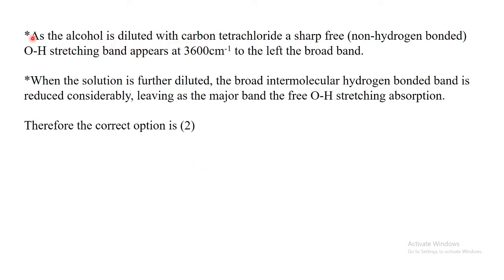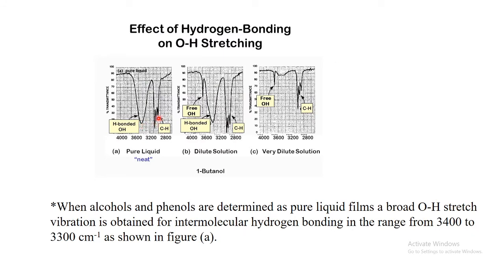So next, as the alcohol is diluted with carbon tetrachloride, a sharp free, that is non-hydrogen bonded, OH stretching band appears at 3600 cm inverse to the left of the broad band. So as this particular solution is diluted with carbon tetrachloride, we can observe that a small band appears at around 3600 cm inverse, which is for free OH stretching frequency.